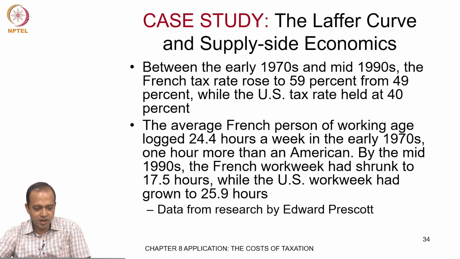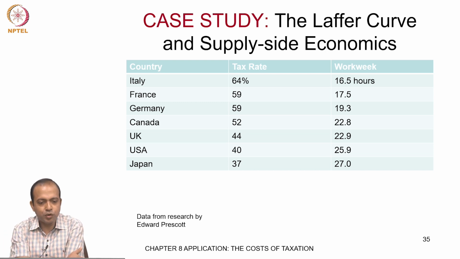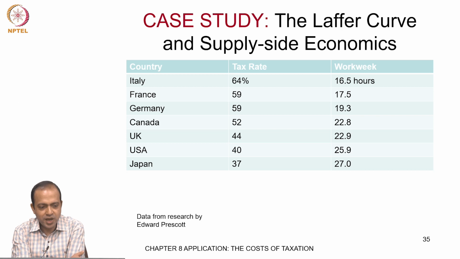So, this is the data from research by Edward Prescott, one of the famous Nobel laureate economists. Look at this figure. If you compare tax rate and how people work, the highest tax rate is in Italy, and their work week is only 16.5 hours. Then France is 59%, 17.5 hours. Germany also 59.5%, 19.3 hours.